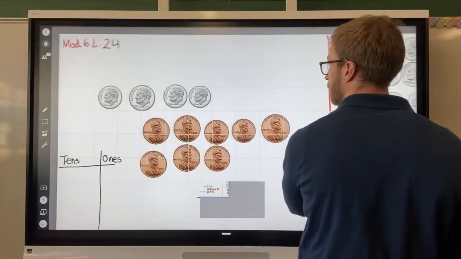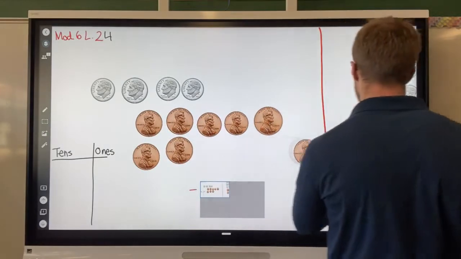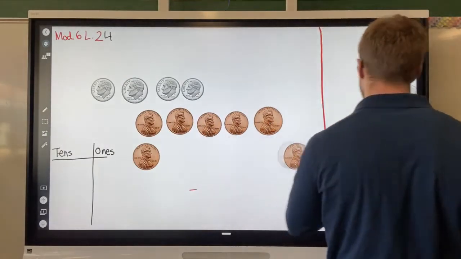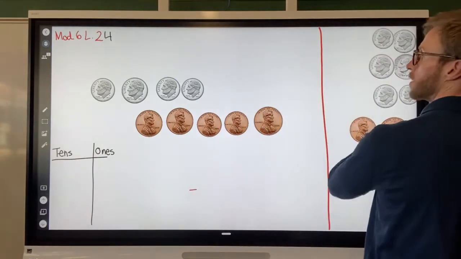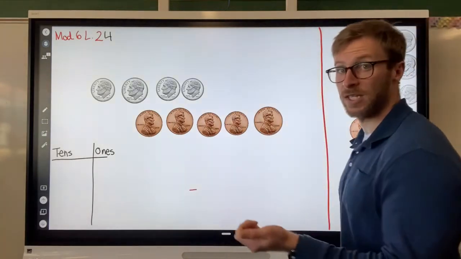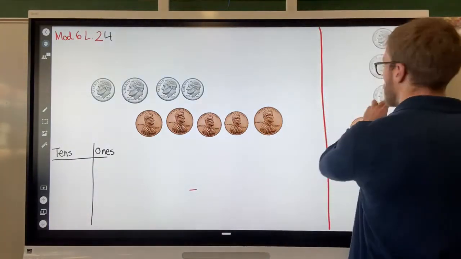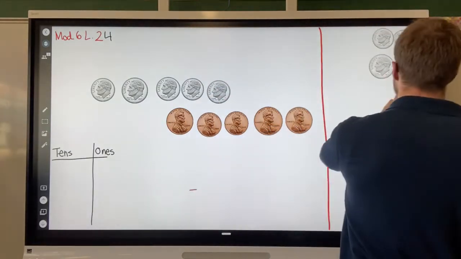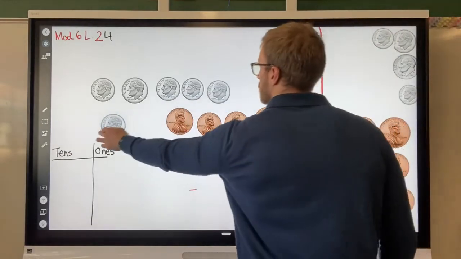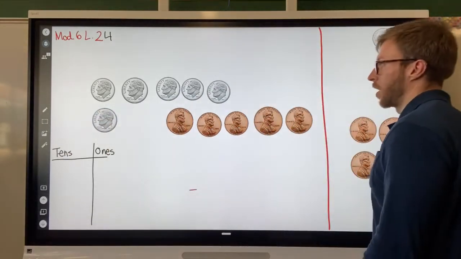Give me a sec while I'm setting this up. While I'm doing this, please just make sure you have everything ready. You have a blank spot and you're ready to count. If you have your change with you, you can set up your change to look just like this. Okay, here we go.